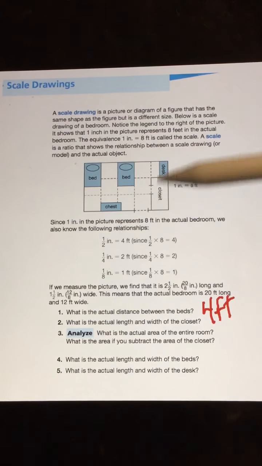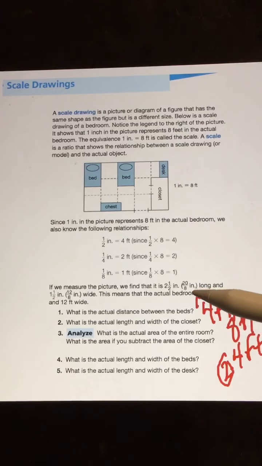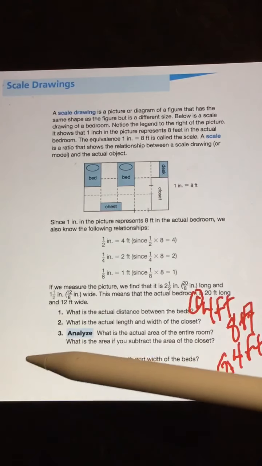Our closet is 2 of these squares, so its length is 8 feet. Its width, which is only 1 square this way, is 4 feet, correct? This is number 1, this is number 2. I'm going to do number 3 on the other side.